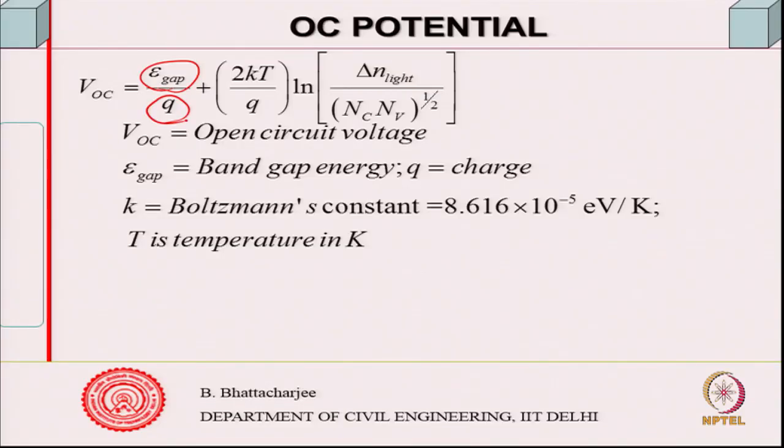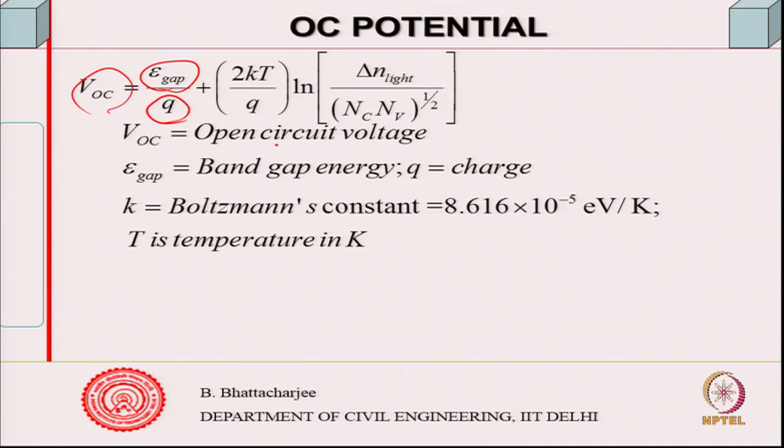So, potential is the work required to move the charge in an electric field by unit distance, if you remember that. So, basically energy per unit charge is the potential. So, this is one part.